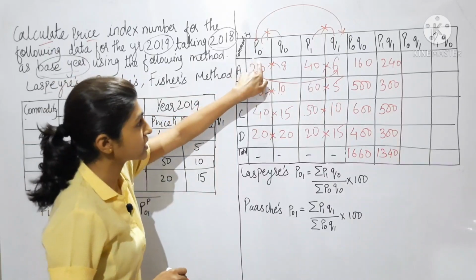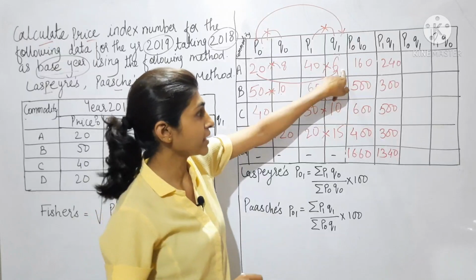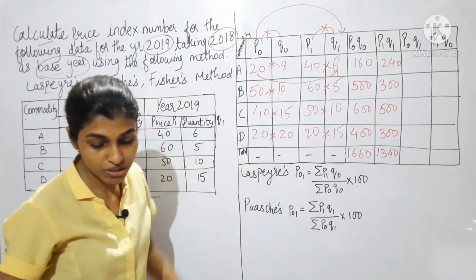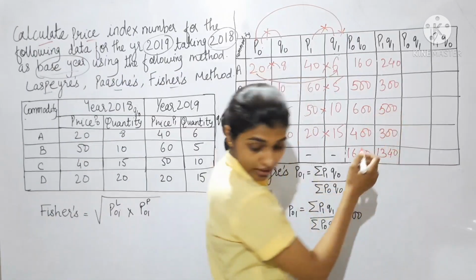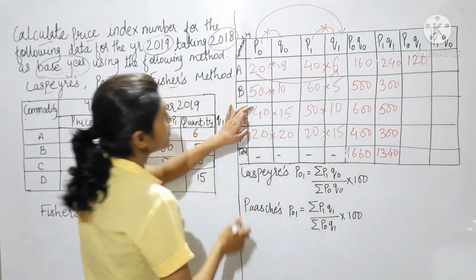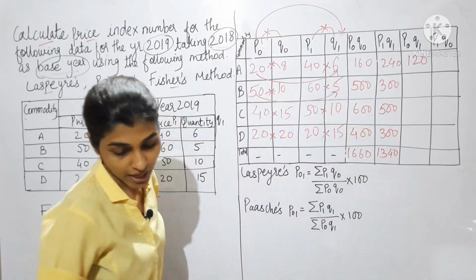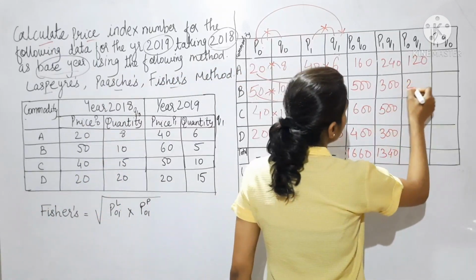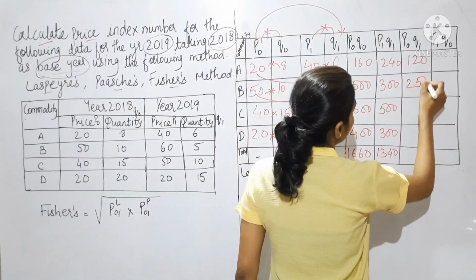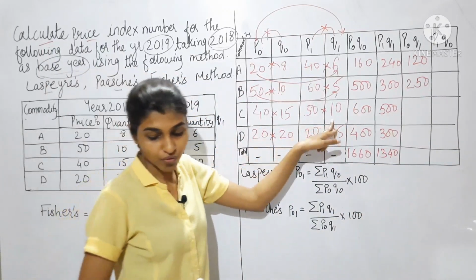Price of the base year multiplied by the quantity of the current year. Okay, so 20 into 6, the answer you get is 120. 50 into 5, the answer you get is 250. 40 into 10, 400.